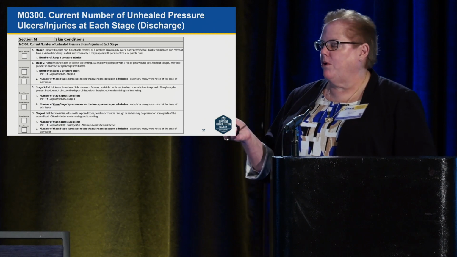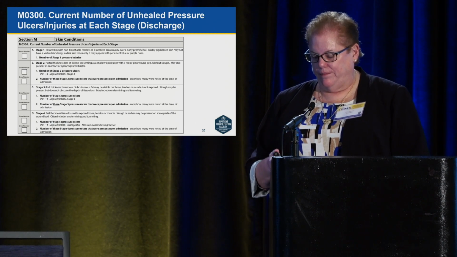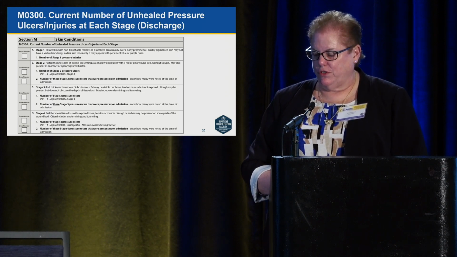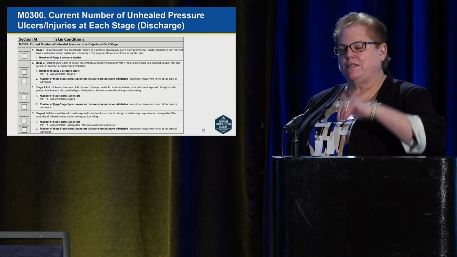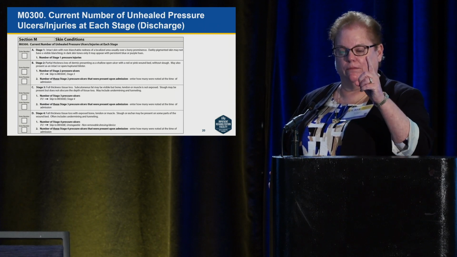I think it's worth a moment of explaining this. So let's look at the stage 3, and it says the number of stage 3 pressure ulcers that you have. What it's asking you right here is, today at discharge, how many stage 3 pressure ulcers do I have? So let's say I have 1.